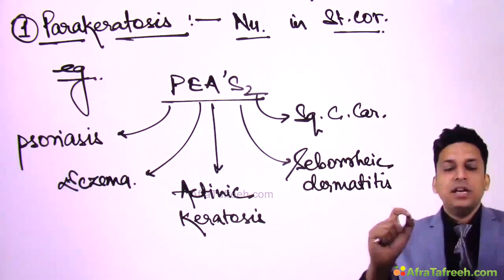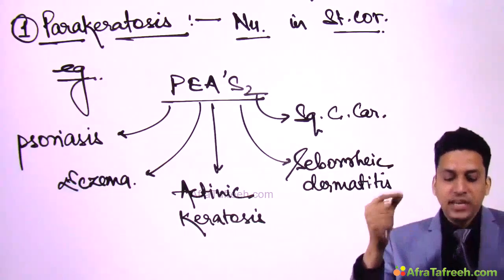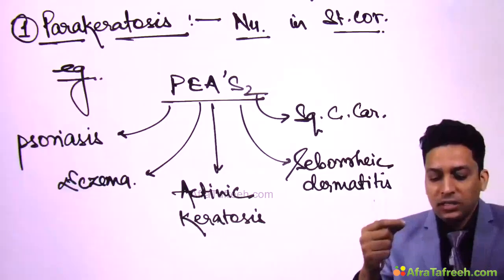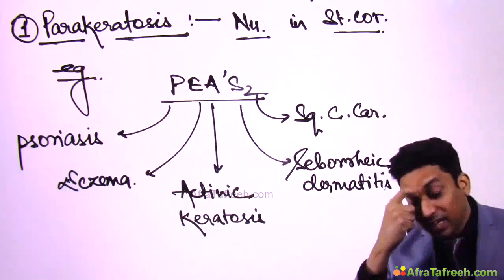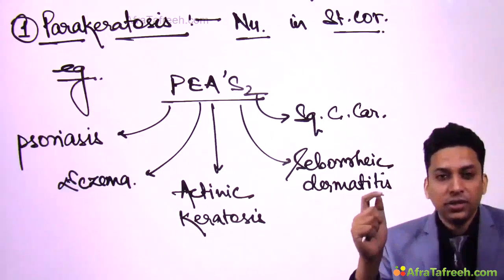So this is a very simple mnemonic to remember, that is P's. Okay, so psoriasis, eczema, actinic keratosis, seborrheic dermatitis, and squamous cell carcinoma. These are the conditions where you will find what? Parakeratosis, that is retention of nucleus in stratum corneum.